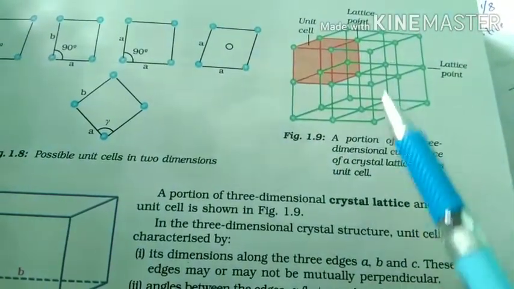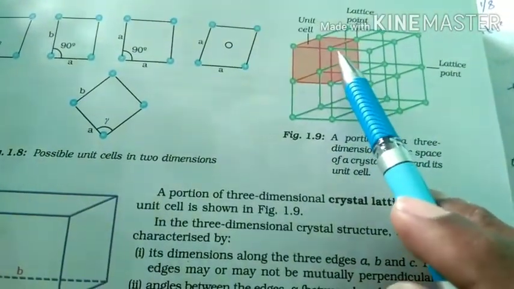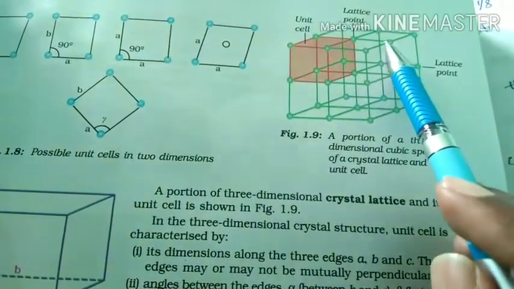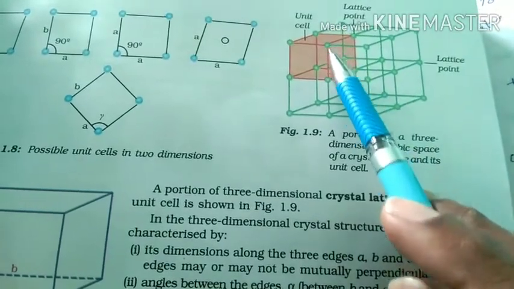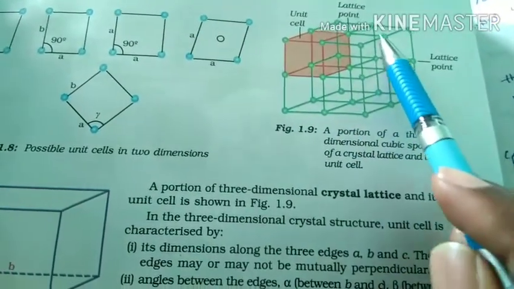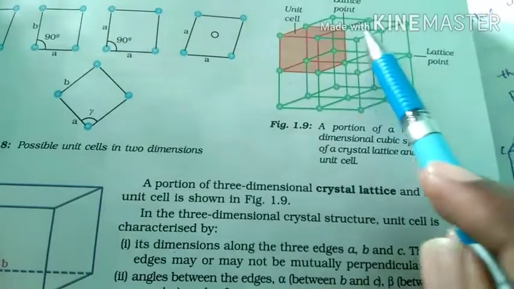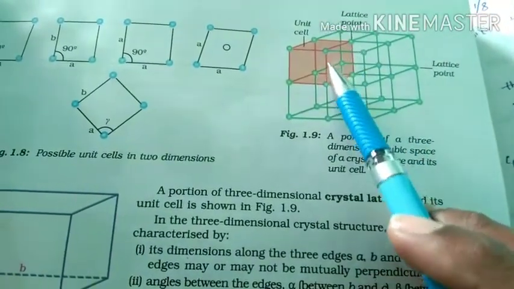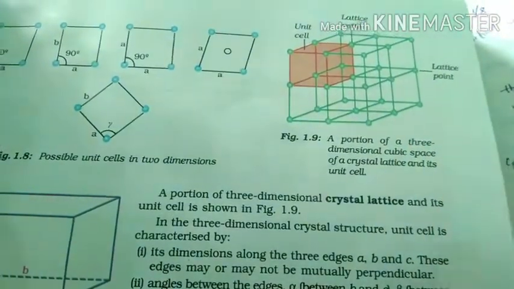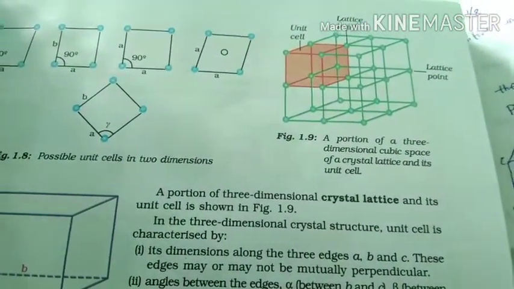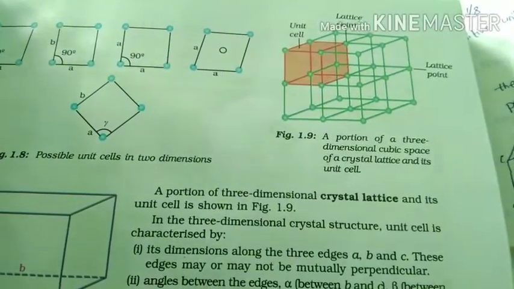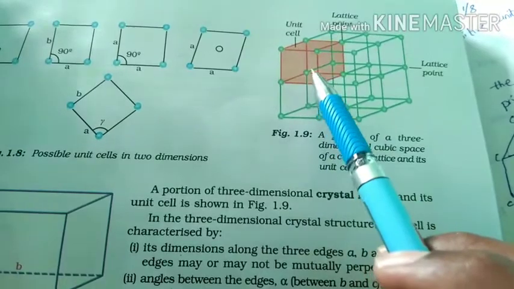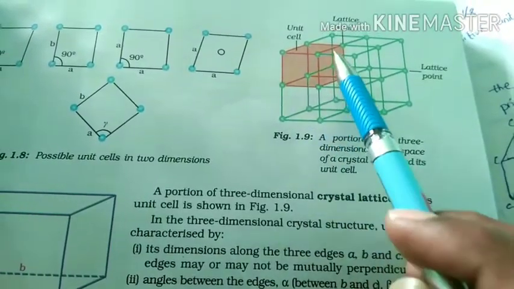This is also a repeating unit, and here also one more repeating unit is there. See, this is one repeating unit from here to here. So the point is, there are so many repeating units like that in any crystal, not only in NaCl crystal. Here you have to know one point, that is, this unit cell shape is just like cube.